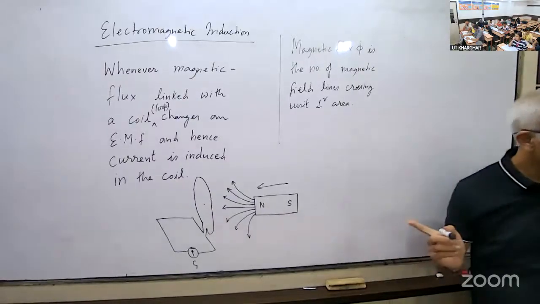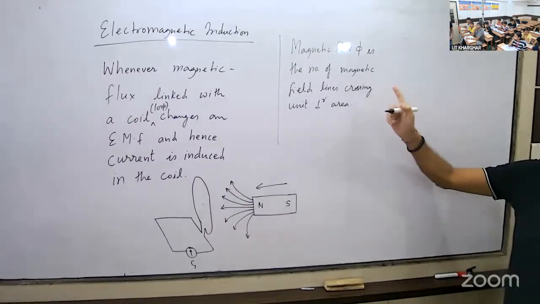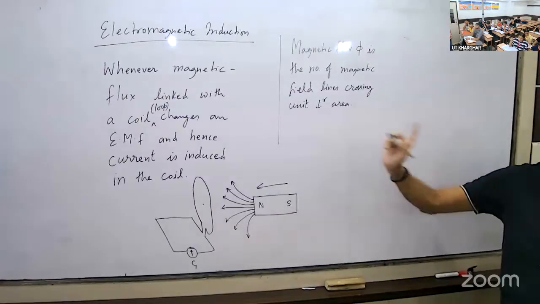What is magnetic flux? It is the number of magnetic field lines crossing unit perpendicular area.